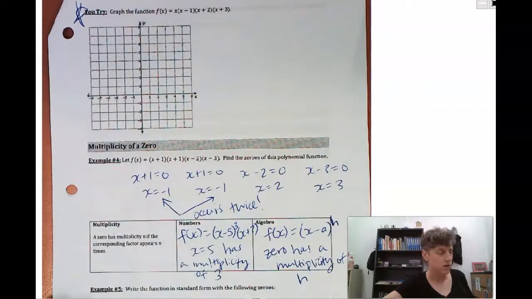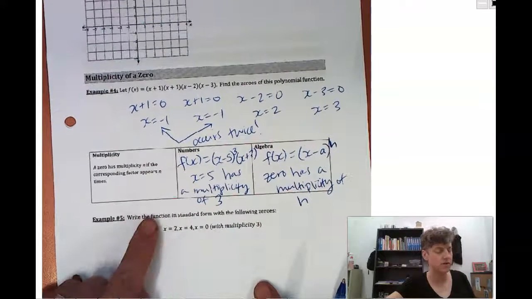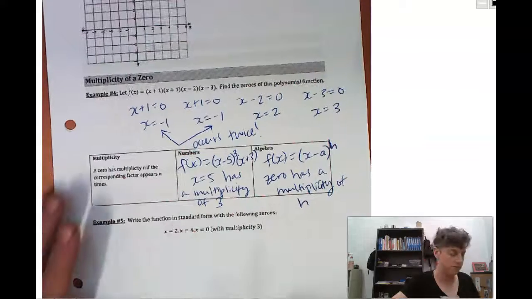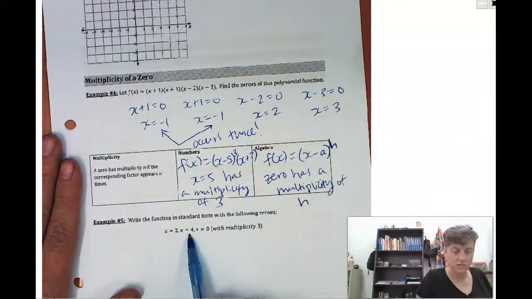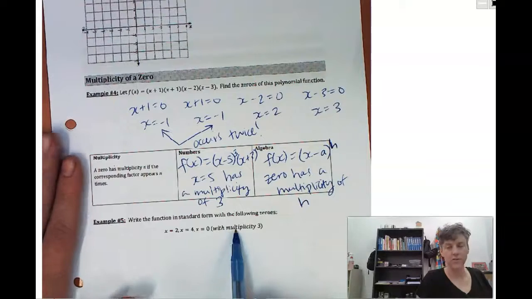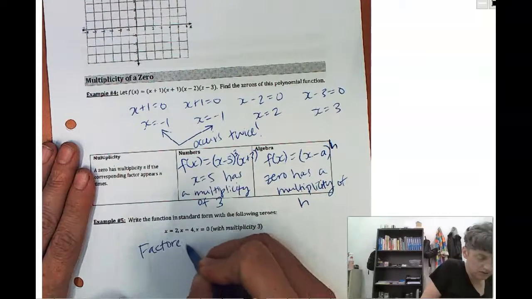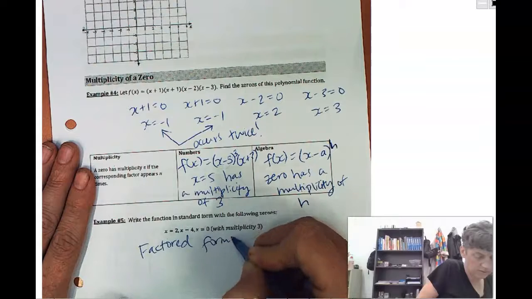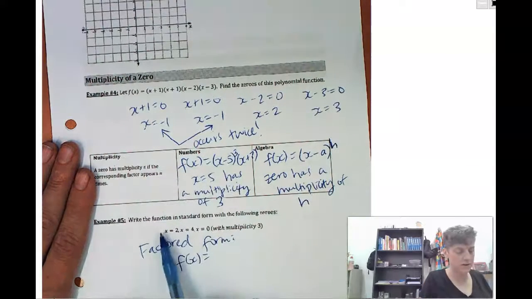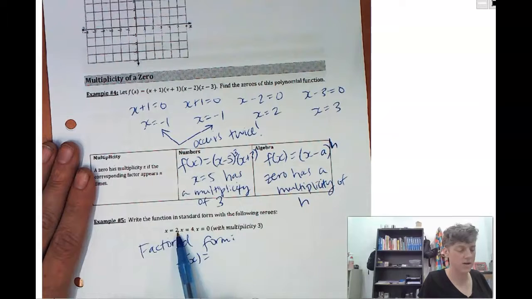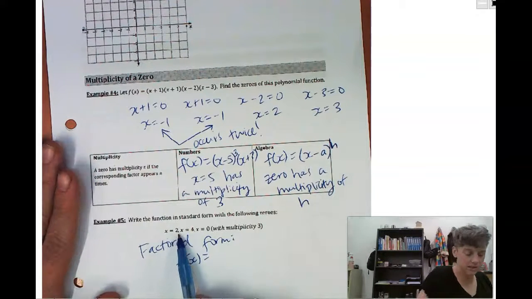Cool. So let's go from zeros now to a function in standard form. So we've got a 0 at x equals 2, a 0 at x equals 4, a 0 at 0 with a multiplicity of 3. So let's write it in factored form first. That's going to be f of x equals, remember, if our 0 is at 2, then our factor is x minus 2.